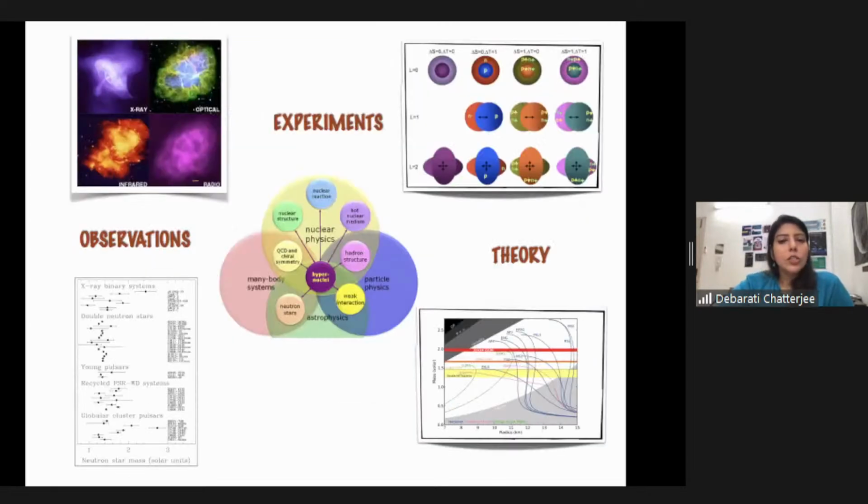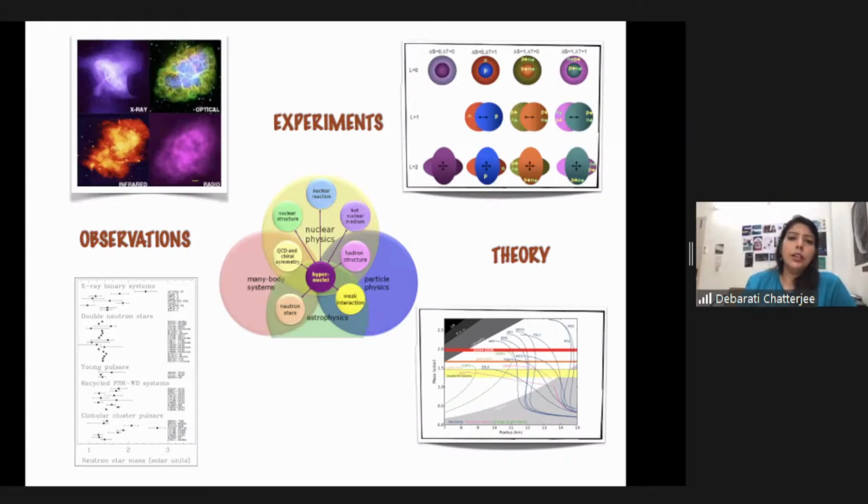So, as you can see, neutron stars are astrophysical laboratories. White dwarfs still have a lot of open questions, like I was telling you about super Chandrasekhar white dwarfs, magnetic field effects, and other things. But neutron stars are definitely a cosmic laboratory with so many intriguing questions that are yet unanswered.